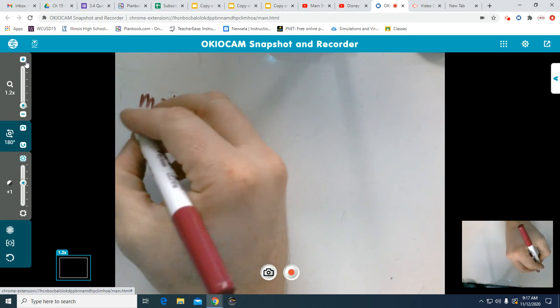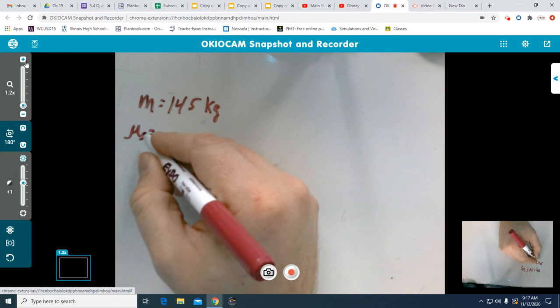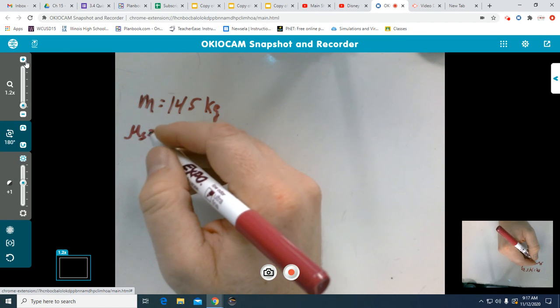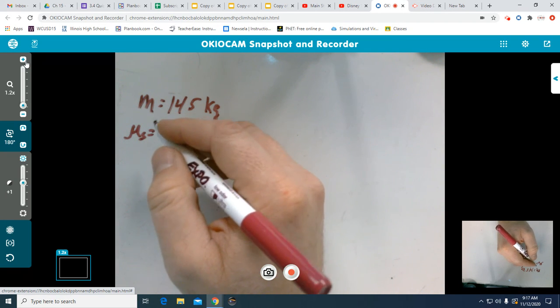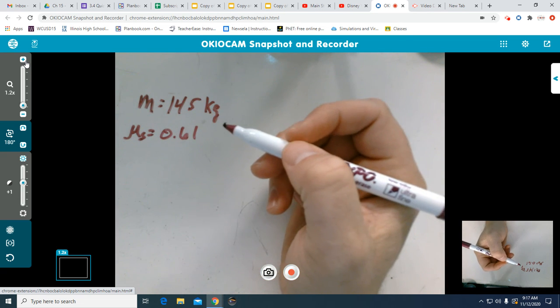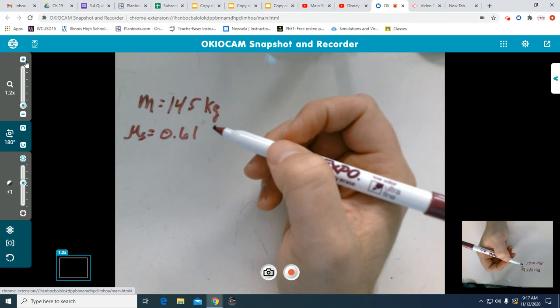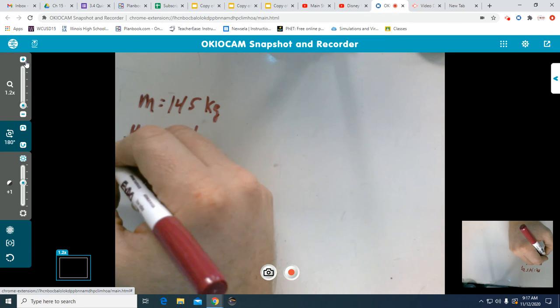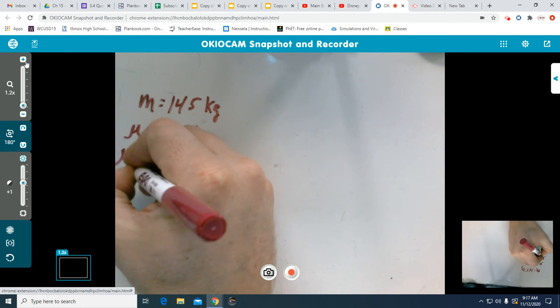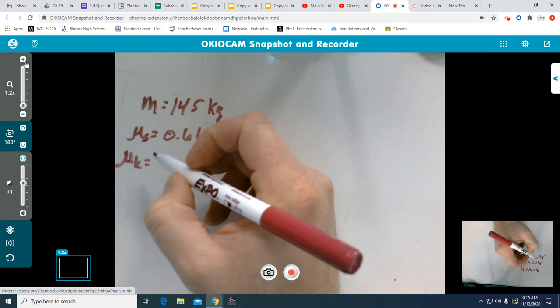Can anybody identify what the coefficient of static friction is between these two? 0.61. Okay. Does everyone see where that is before we go on? What about coefficient of kinetic friction? Who else? Pink shirt.